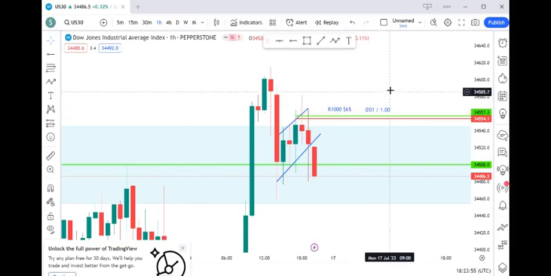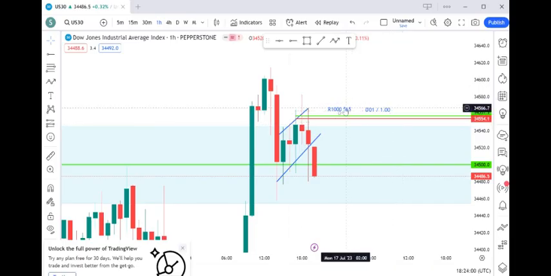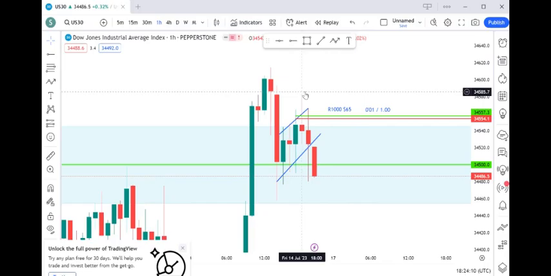Reason being, if we have 1,000 Rand for every position that we open, it means the market makers need to spike out a whole 60 points to blow us. So this is our entry, 34560. They spiked out to 34583.